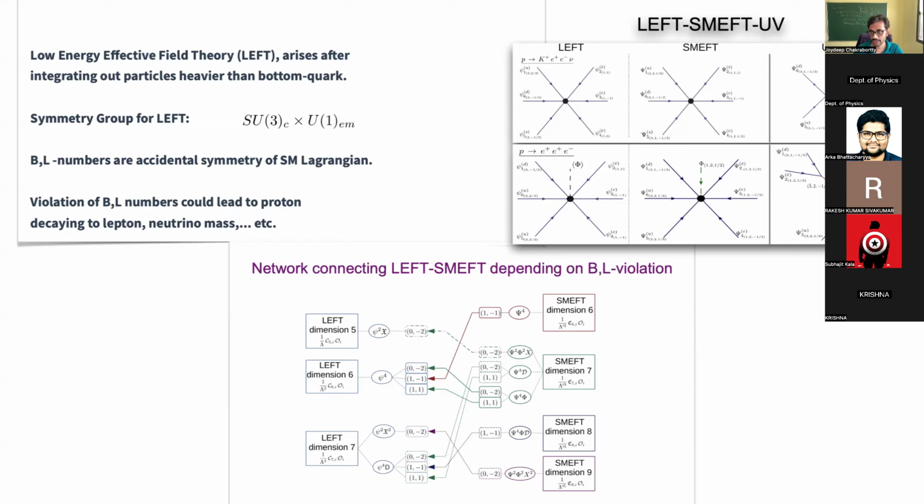Okay, and this is one of the possibilities: you can find that if you add two color scalars and an additional Higgs doublet, then you can have a BSM scenario where the external states are your standard model fermions, and in the intermediate state you have these UV particles. So this is the UV scenario you can think of.